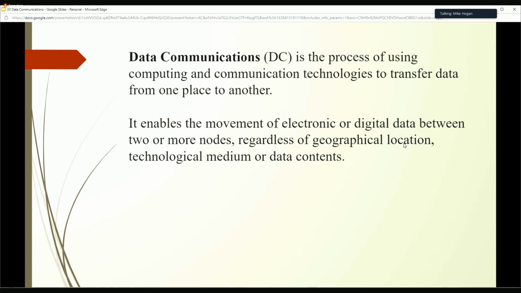And there's some key elements that are always there, whether we're looking at data communications today and some of the digital communication lines, or if we're going further back.